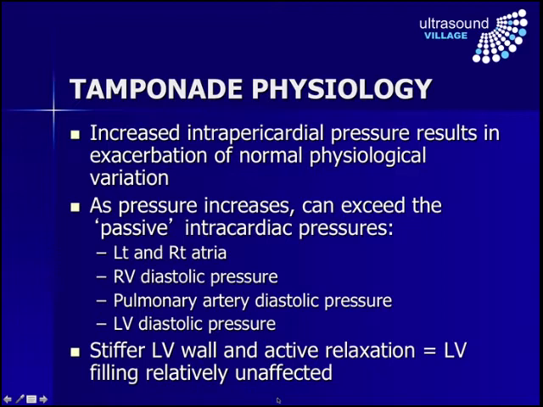As the pressure increases, it can exceed the passive intracardiac pressures, usually in the right atrium first, then the left atrium, then the right ventricular diastolic pressure, then the pulmonary artery diastolic pressure, and finally the left ventricular diastolic pressure.